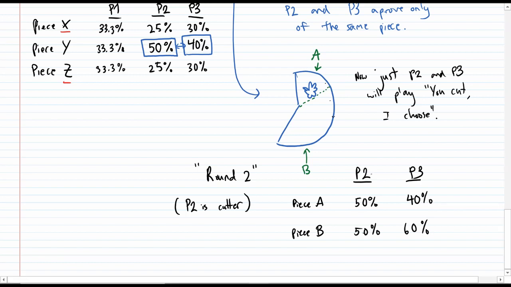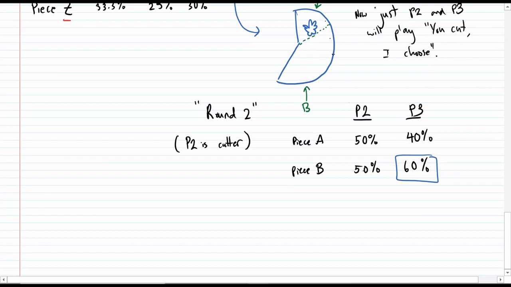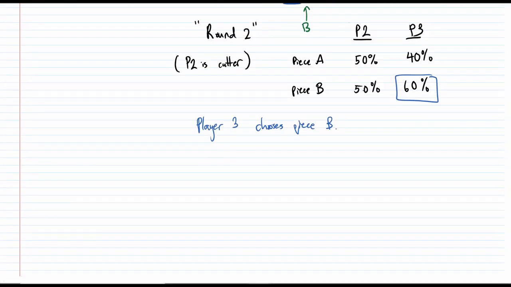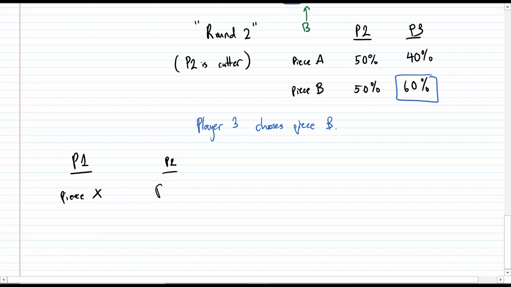Again, player 2 was the cutter, so player 3 gets to choose, and player 3 will end up with piece B. So at the end of the day, player 1 got piece X, player 2 got piece A, player 3 gets piece B. It's a little bit weird, right?